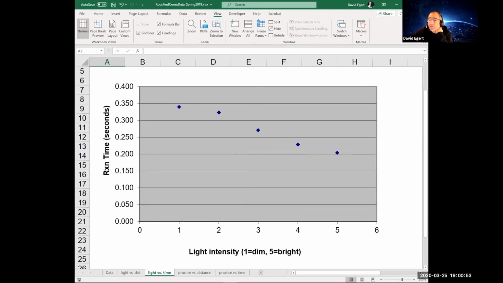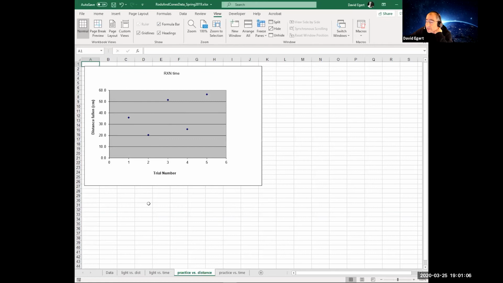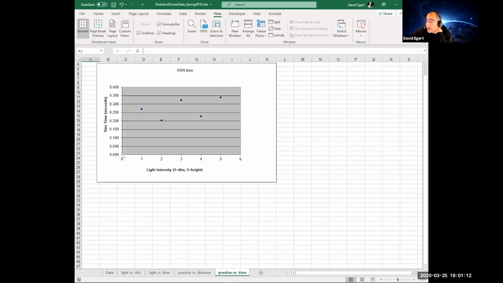This idea, if here we're graphing the reaction time versus light intensity, we could also do a graph. In fact, here it is. This is trial number versus distance fallen. And I can also do reaction time in seconds versus the light, not light intensity.